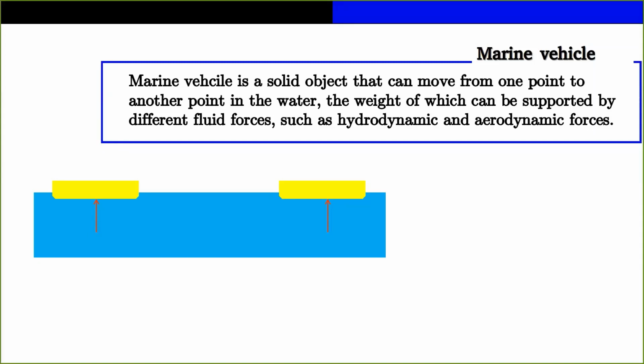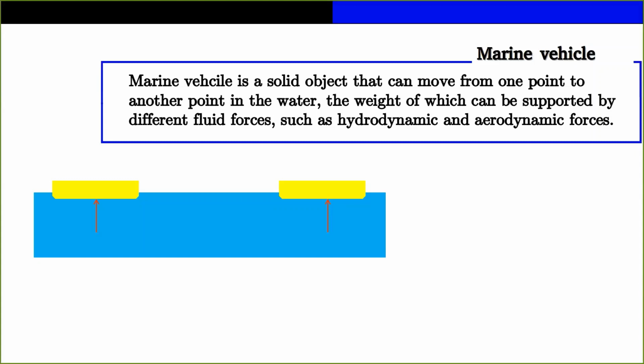Any solid body in the ocean or in the sea that can move from one point to another point under action of any force, but its weight is supported by hydrostatic pressure or hydrodynamic pressure or aerodynamic pressure or aerostatic pressure, is a marine vehicle. So in general, a marine vehicle is a type of solid body that can move from one point to another while its weight is supported by fluid forces.